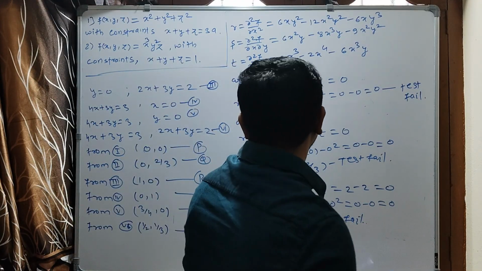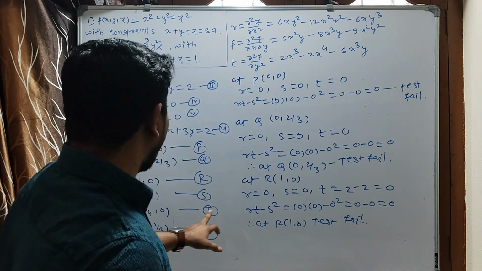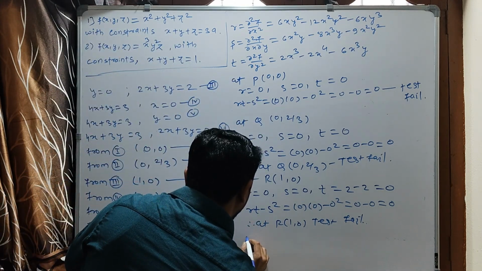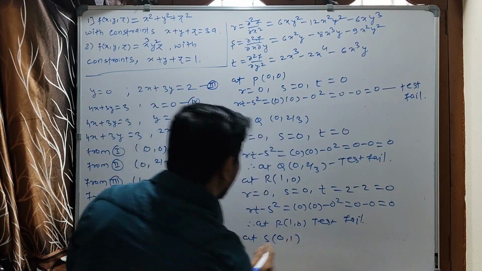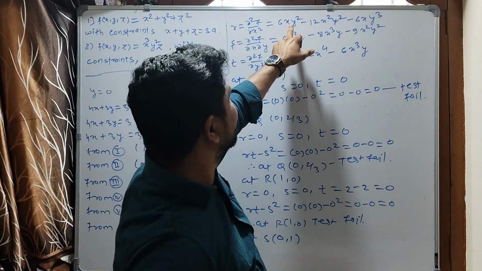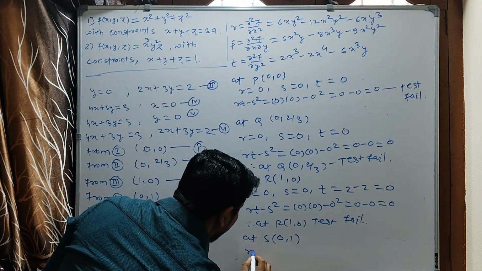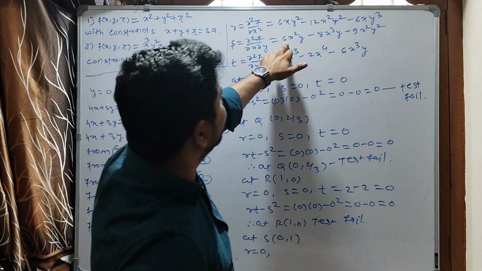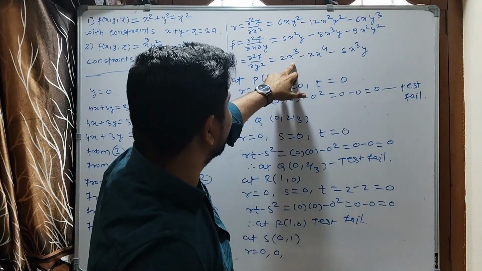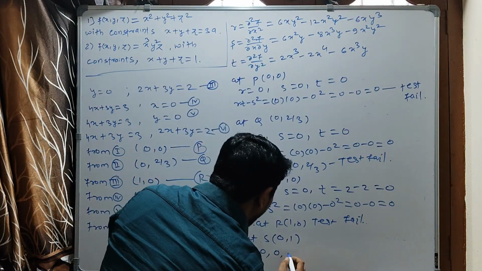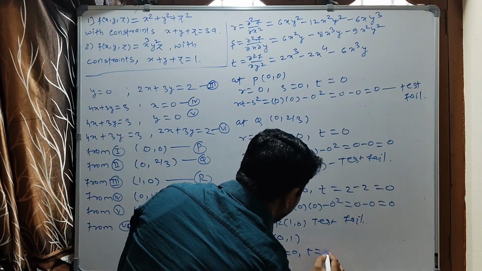Now in the same way I want to find at s, which is (0, 1). Here x is 0 and y is 1, so r equal to 0, s equal to 0, the complete term is 0, and t is 0.